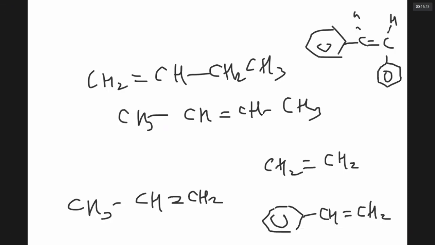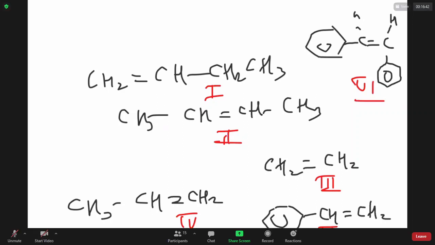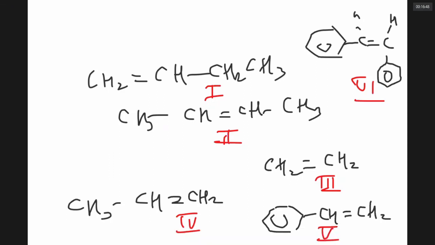In the compounds which I have written just now, 1, 2, 3, 4, 5, 6, how many symmetric alkenes are there?